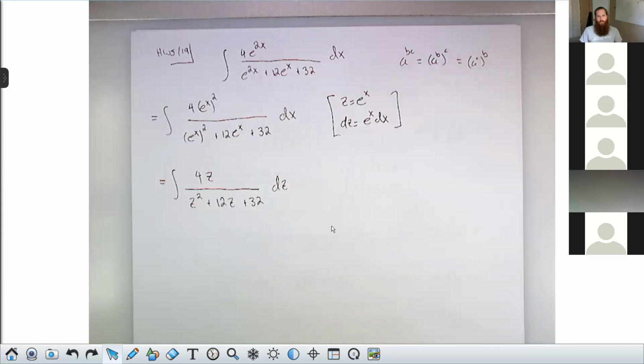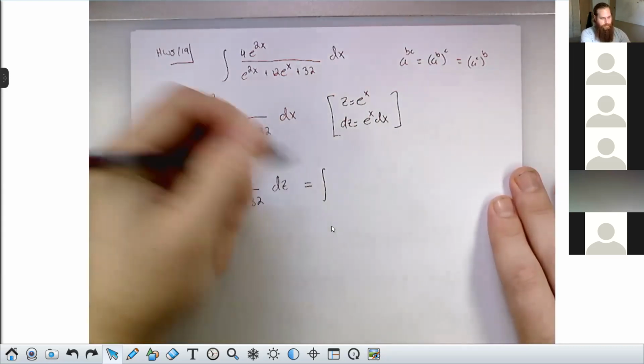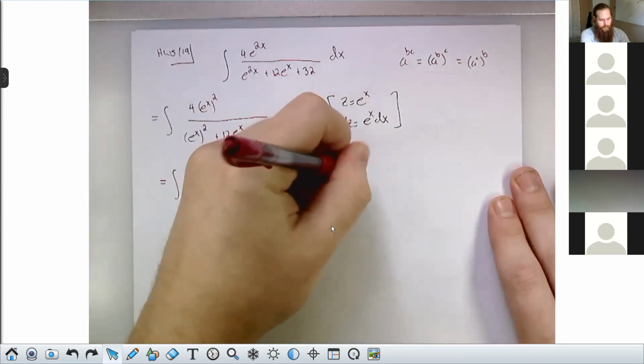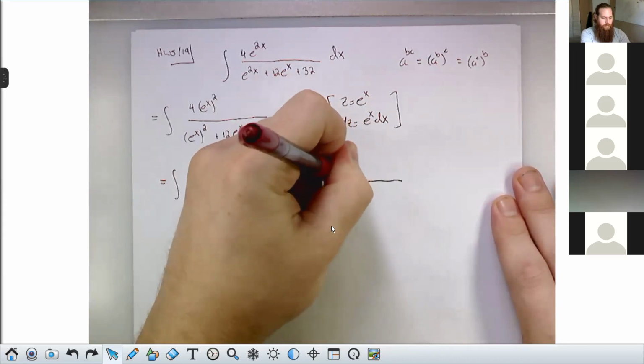Anyone? PFD. I heard something there, it was just very quiet. PFD is coming. What do I need to do in order to do the PFD? What's our first step always in PFD?